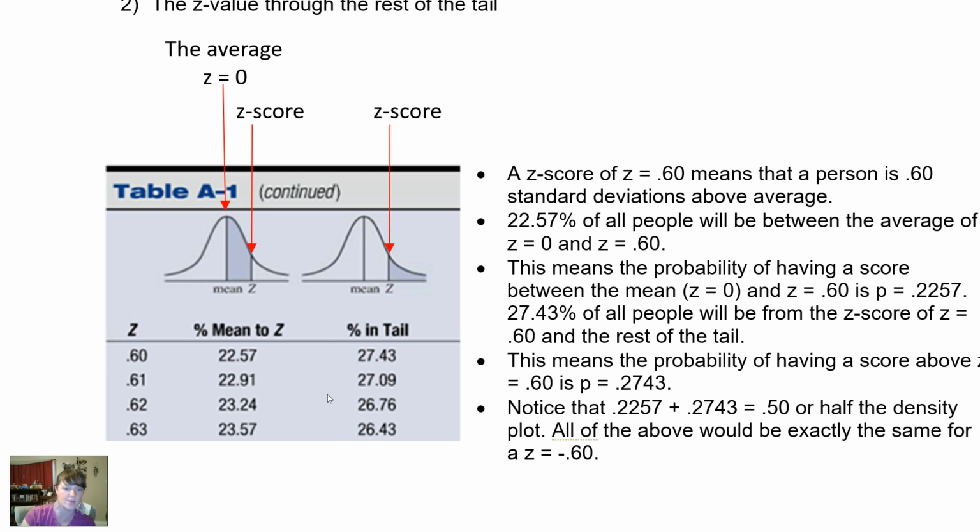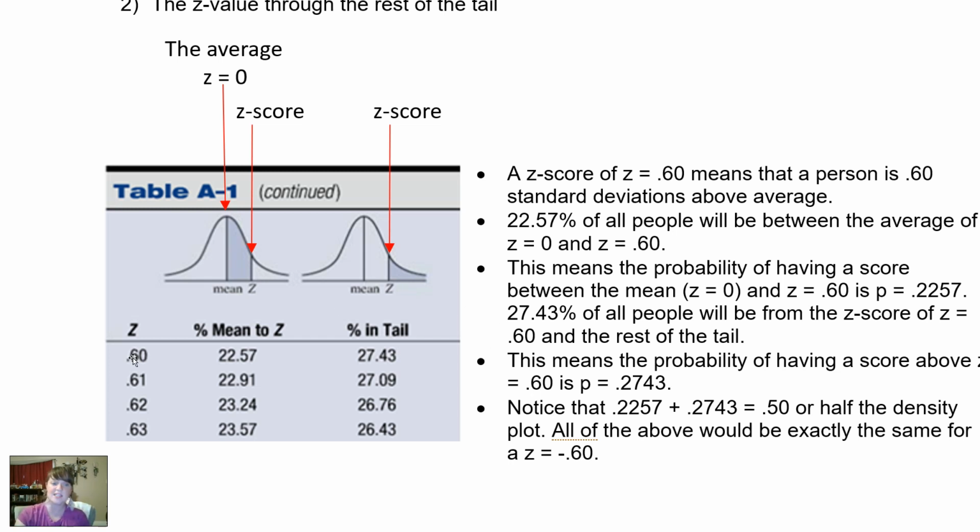The third column tells me the percentage of people either higher if it's a positive z-score or lower if it's a negative z-score in the tail. Because remember, this is the peak of a normal distribution, and this is the upper tail, and this is the lower tail. And so then what the third column tells you is the percent in the tail beyond the z-score.